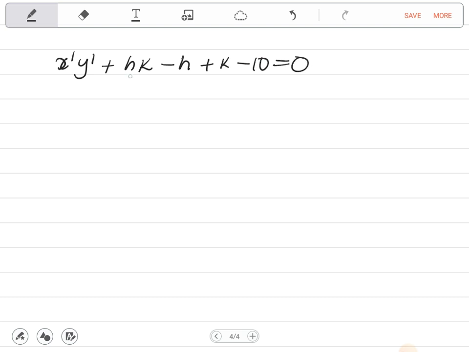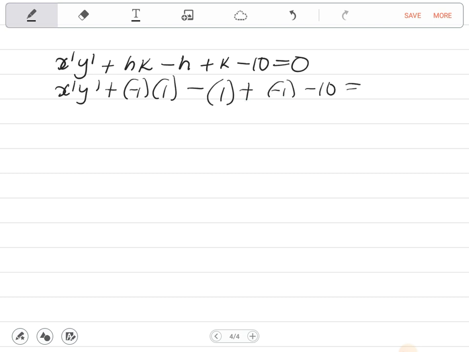But I know what h and k are. It's negative 1 multiplied by 1, minus h, which is negative 1, plus k, which is 1, minus 10 equal to 0. So I end up with negative 1 minus 1 minus 1 again minus 10 is equal to 0.